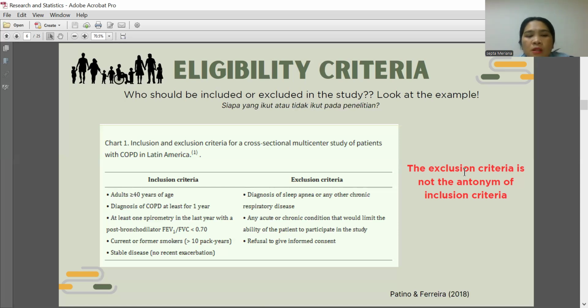For example, the researcher said adults above 40 years old. The exclusion criteria would not be adults under 40 years old, not like that. So the exclusion criteria is not the antonym of the inclusion criteria.